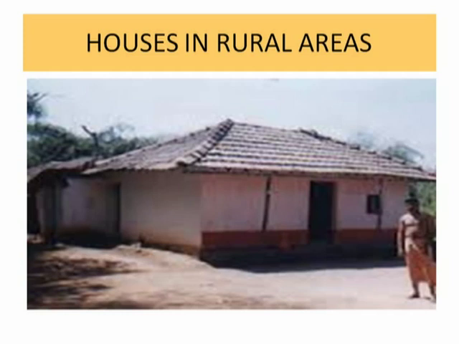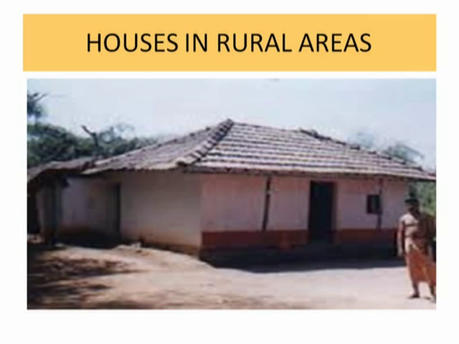Buildings are of many different types. This is one typical building in a rural area which is constructed with Mangalore roofing tiles. In the rural area, the buildings are constructed with locally available materials like bricks, lime, and tile materials.